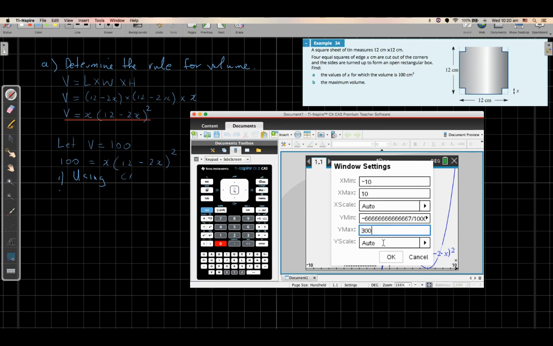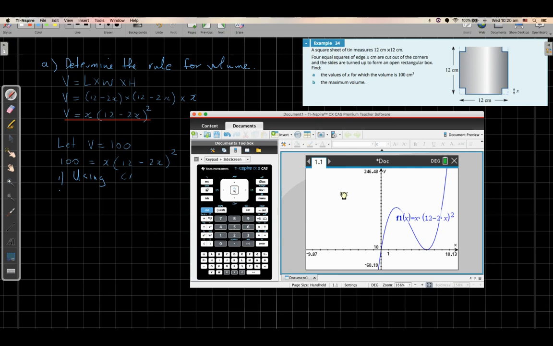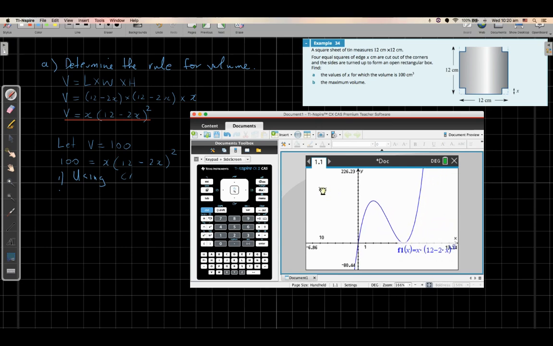So we got a decent sized graph. Now with your little touchpad here, you can hold that down on the blank space a couple of seconds and you can drag your graph around so you can see it. So there's your graph, and it's similar to the last one, only it's a positive graph rather than a negative graph. Now, let's think about the domain.